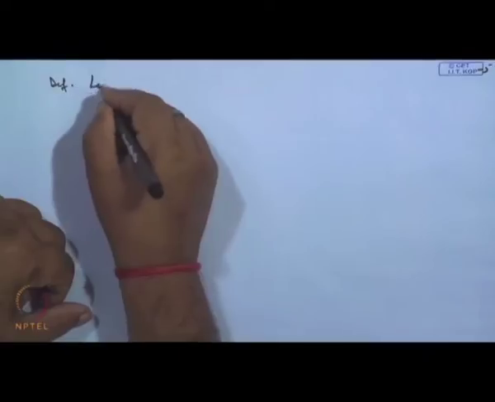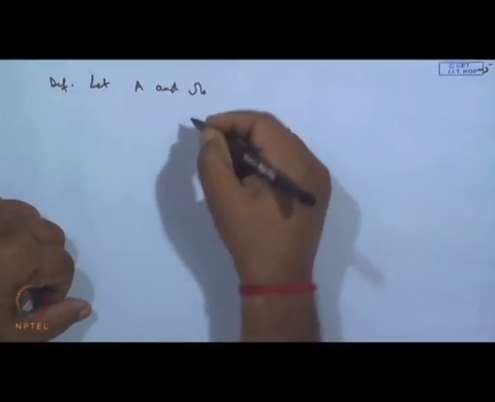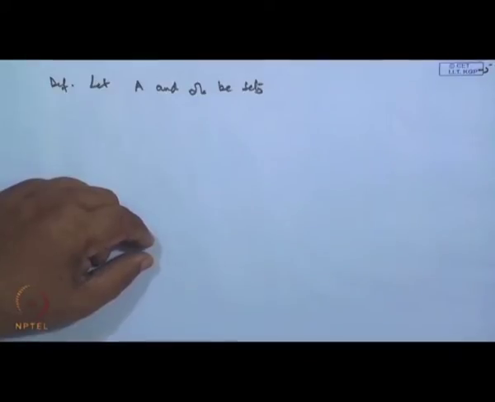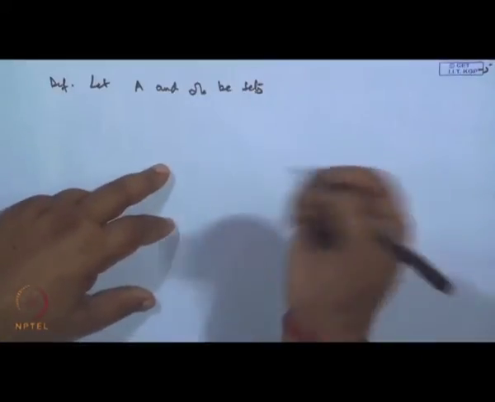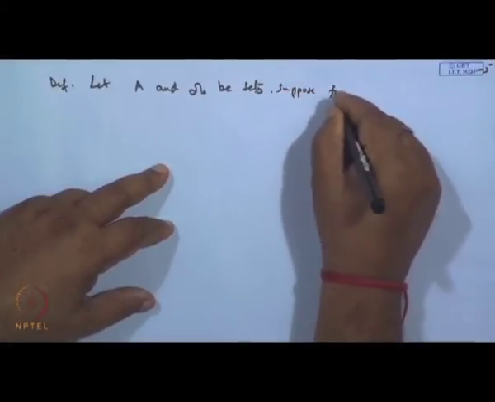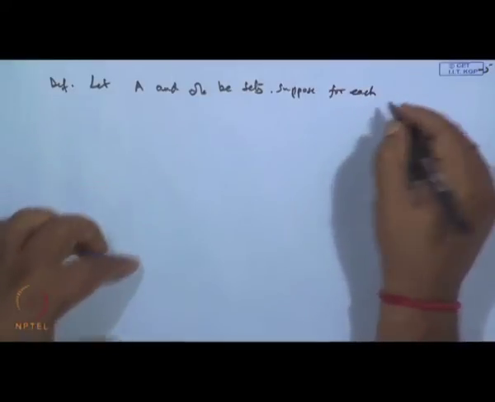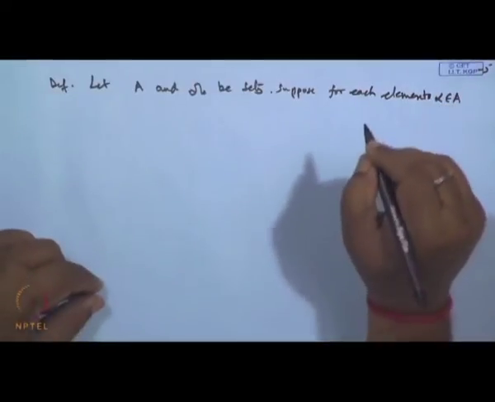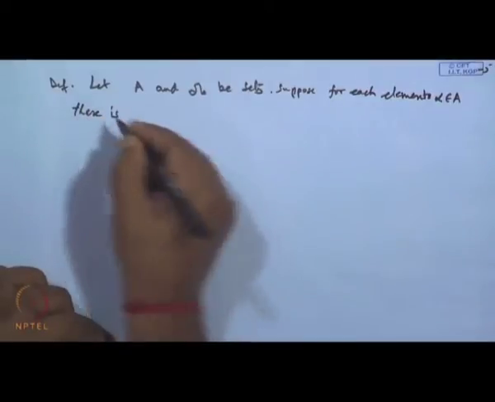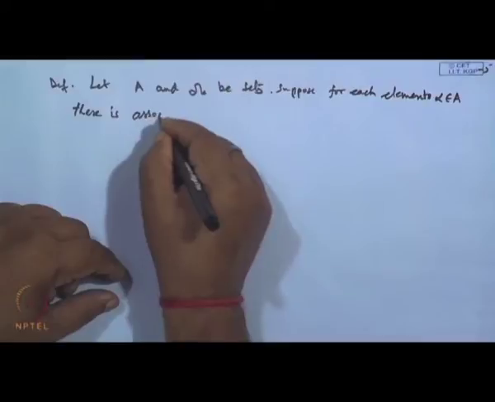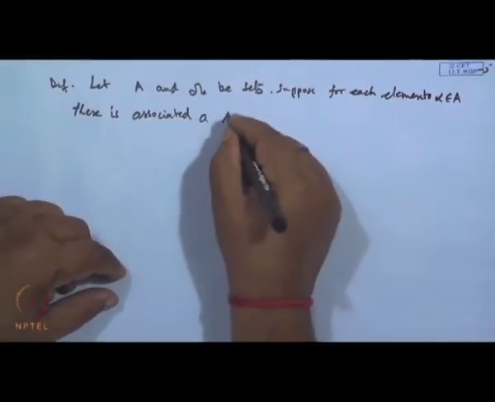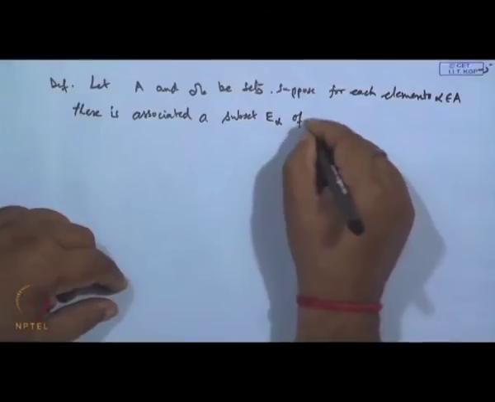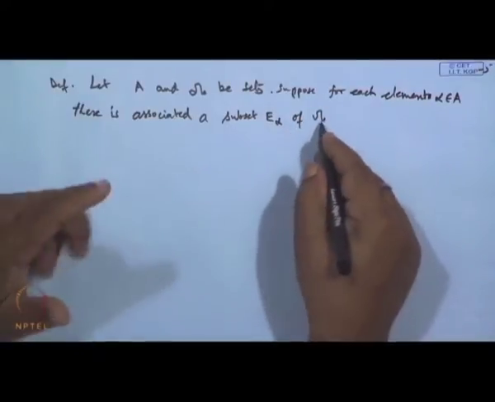let A and Omega be sets, and suppose with each element alpha of A there is associated a subset of Omega, denoted by E_alpha.